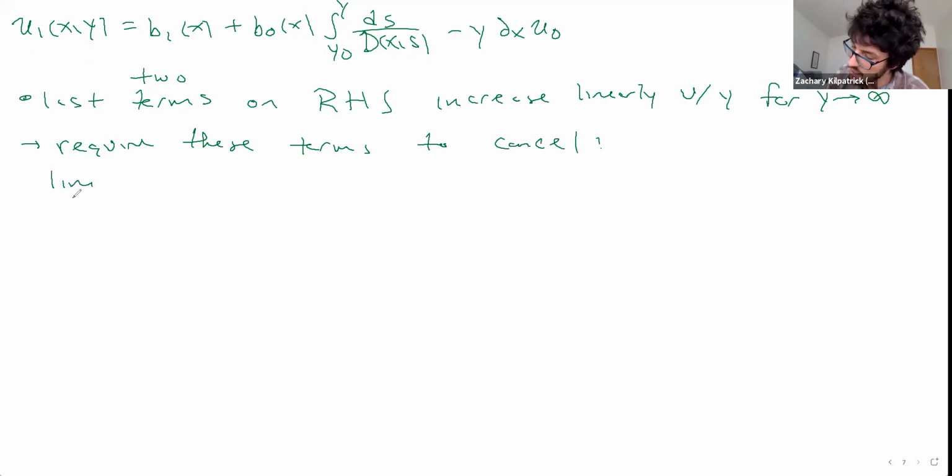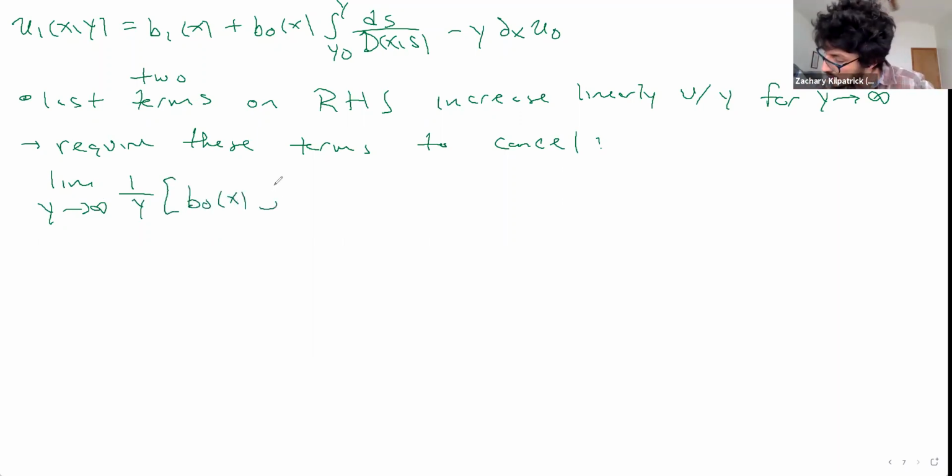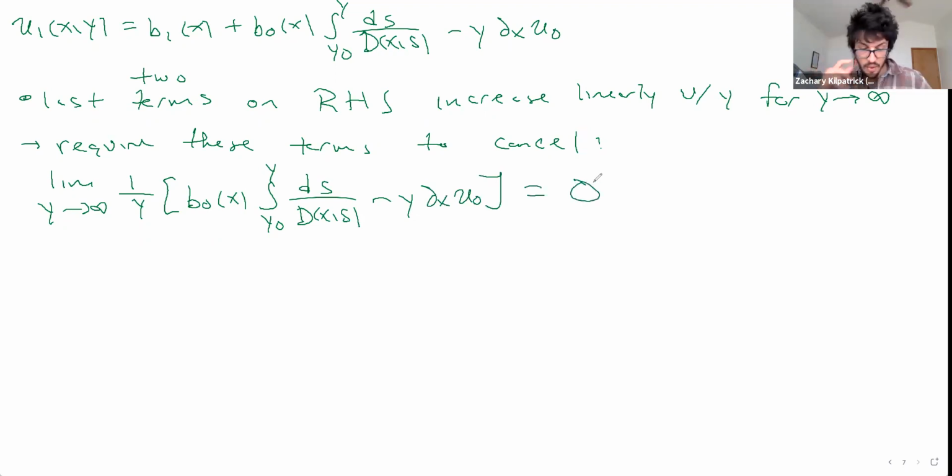And that means that in the limit as y goes to infinity, 1 over y, b0 of x, integral from y0 up to y, ds over dxs minus y dx u0, I want that to just be equal to 0.